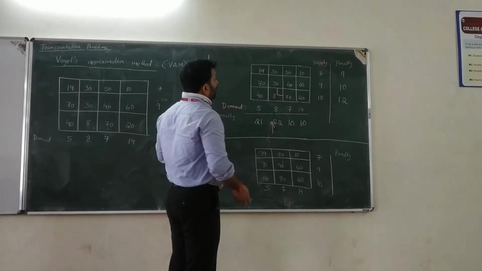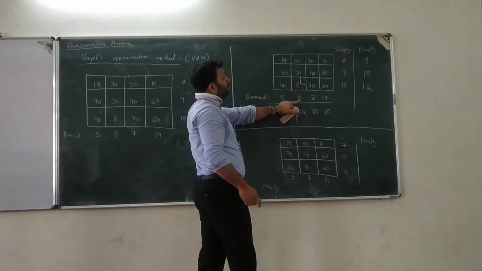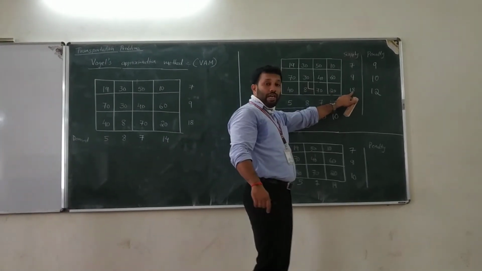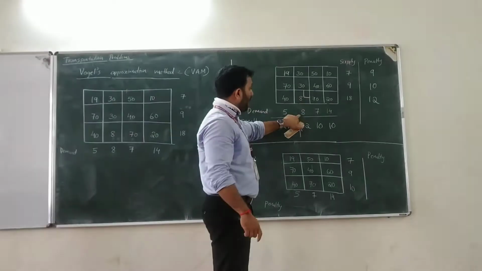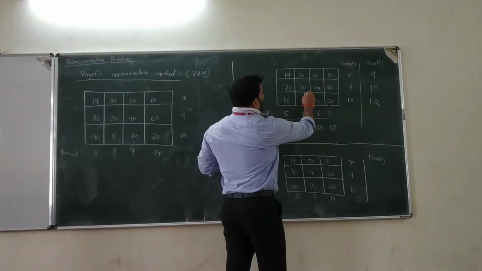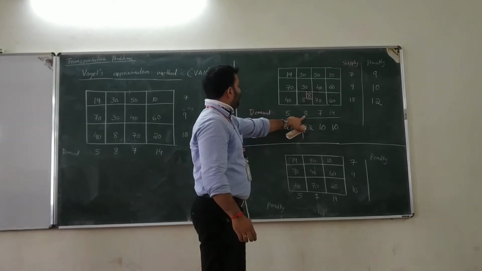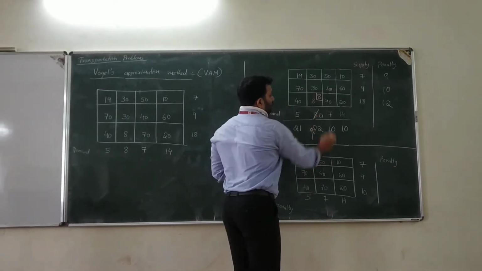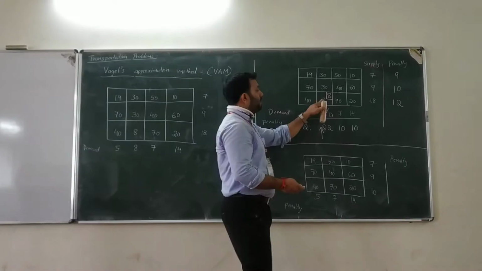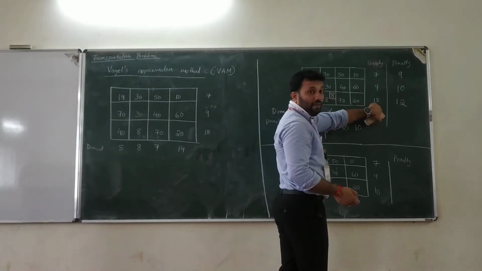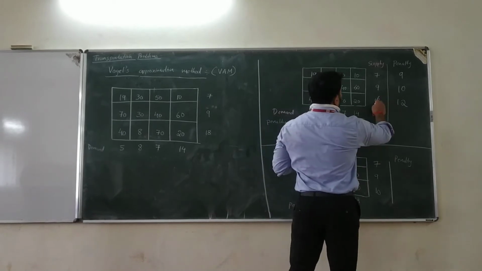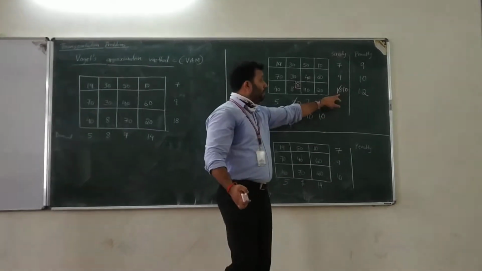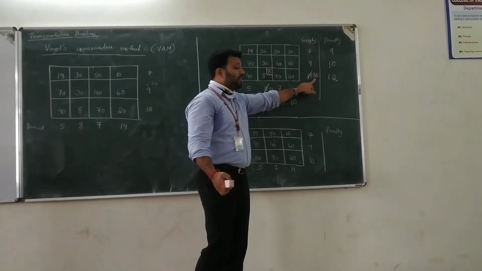So I can meet the demand of 8 units with a supply of 18 units. Out of 18 units I am using 8 units, so that can be allocated to this particular position. Here I have met the complete demand of 8 units, so that becomes 0, and I have the remaining units as 10.